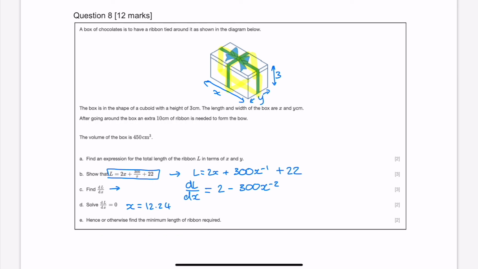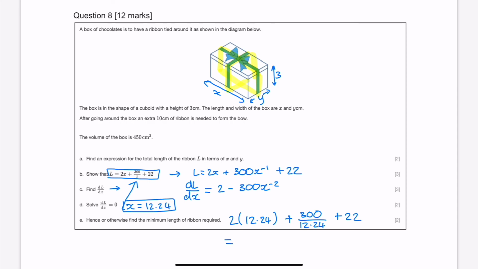And then I need to find the minimum length of the ribbon required. So for the minimum length, I'm now just substituting that in to find the length of the ribbon. So I now know that x is equal to this. I can put it back into the length of the ribbon formula and find the full length of the ribbon. So 2 times 12.24 plus 300 over 12.24 plus 22.